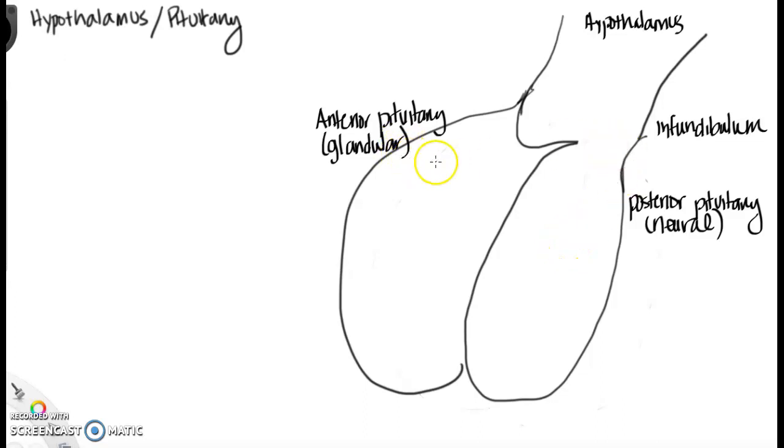So it does this basically two ways. If we look at the posterior pituitary first, the posterior pituitary contains hormones that are synthesized by the hypothalamus. The posterior pituitary is neural tissue.